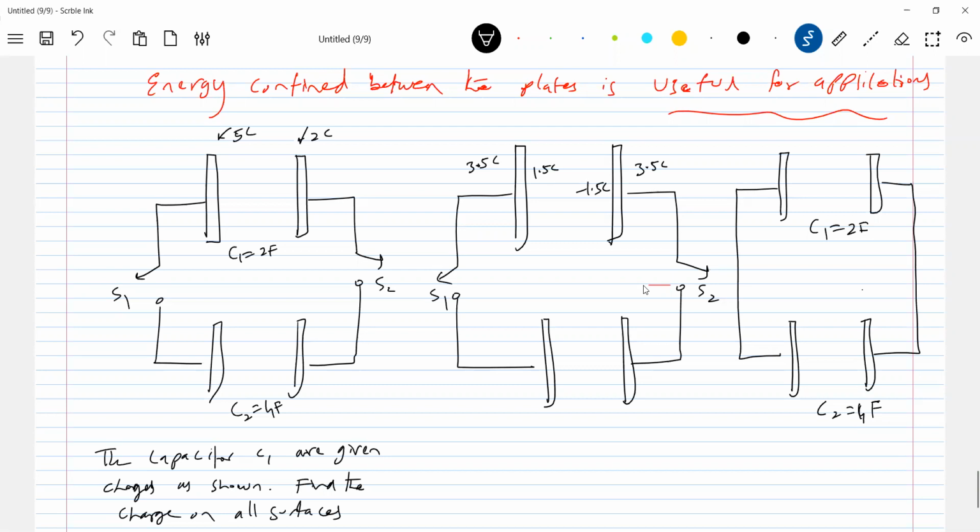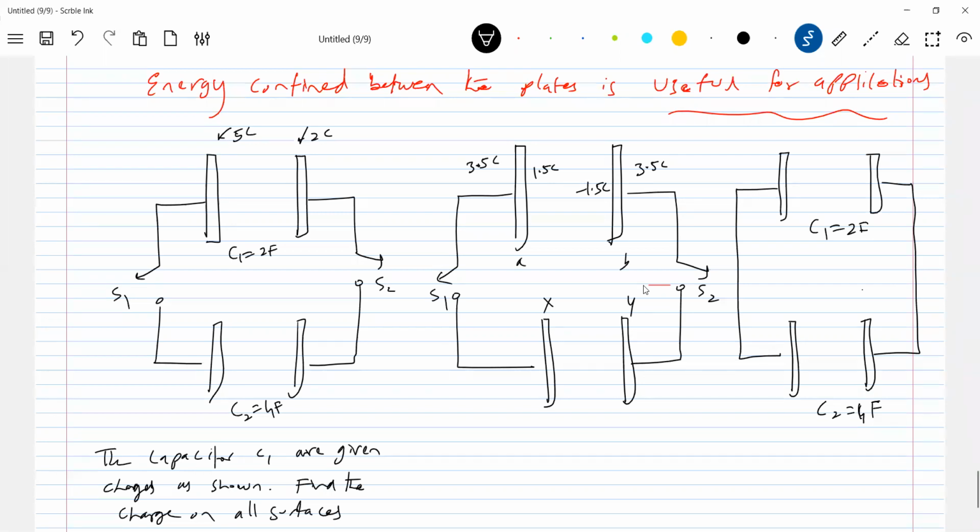The charges will be shared by plates A, B, X, Y. What charge will be shared by plate A with plate X: 5 coulomb, or 3.5 coulomb, or 1.5 coulomb? Only 1.5 coulomb will be shared.